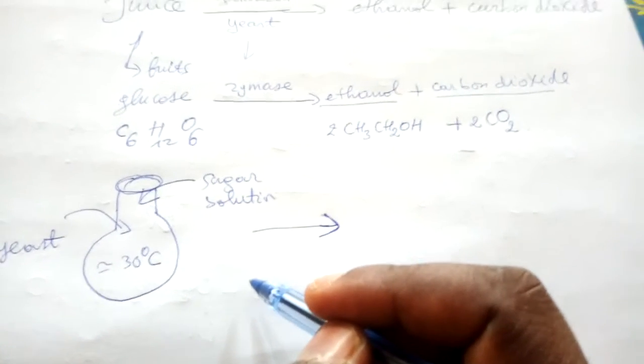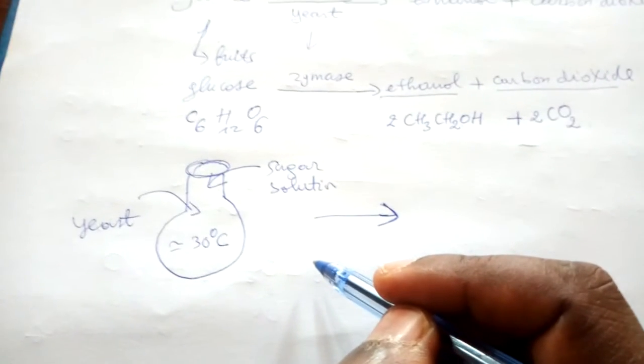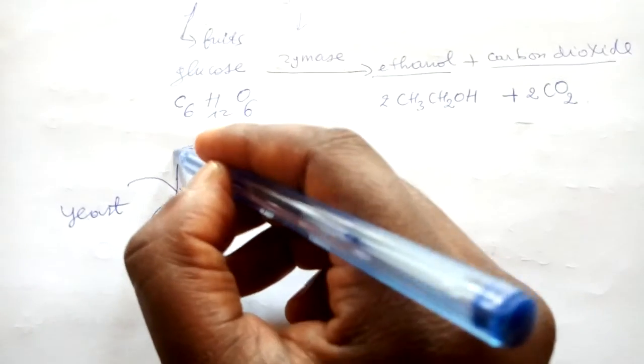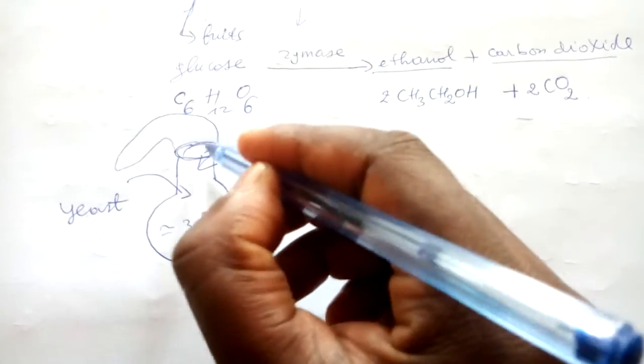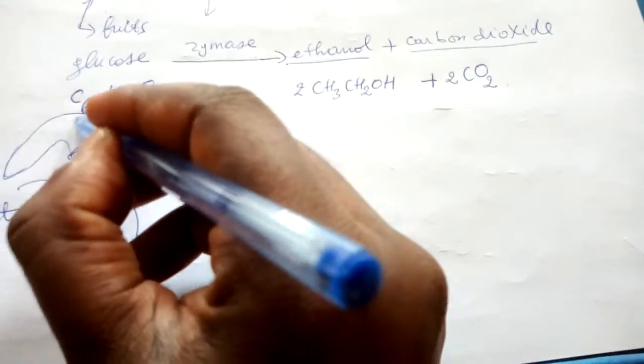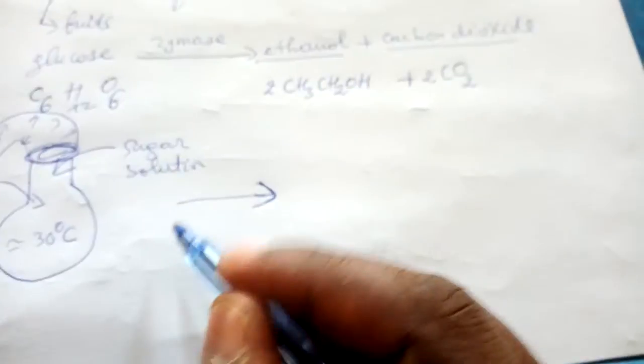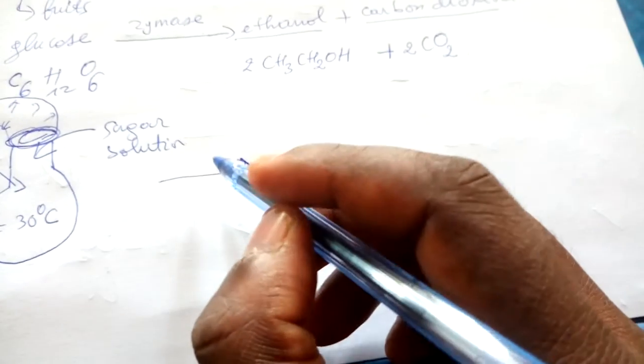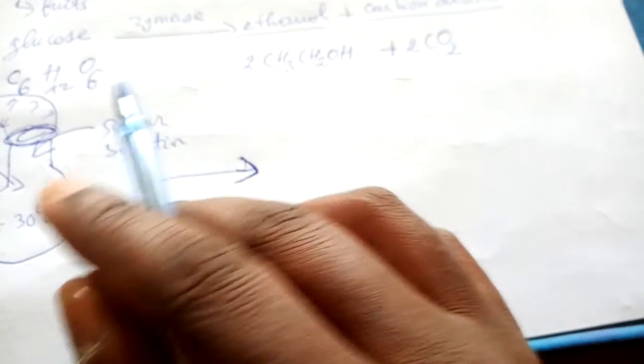To know whether carbon dioxide is produced, how can we proceed? Here we can put a rubber balloon. When carbon dioxide starts to be produced, the balloon can expand. As the volume of a gas is increasing, also the volume of the rubber balloon is increasing.